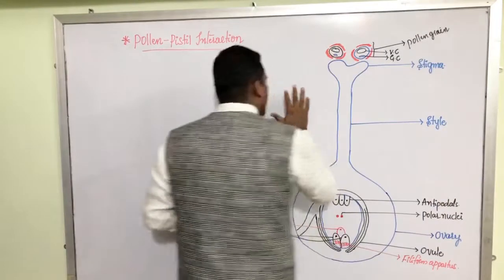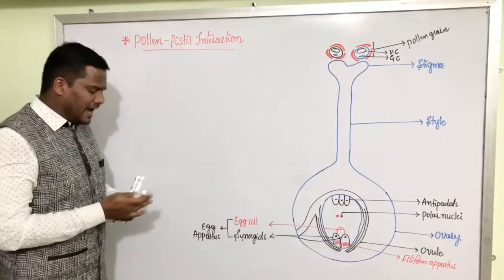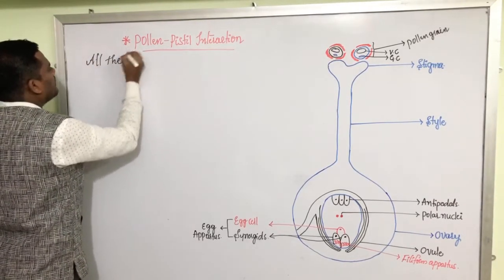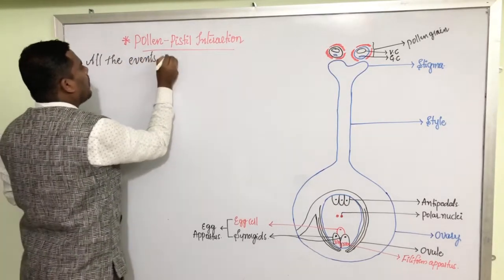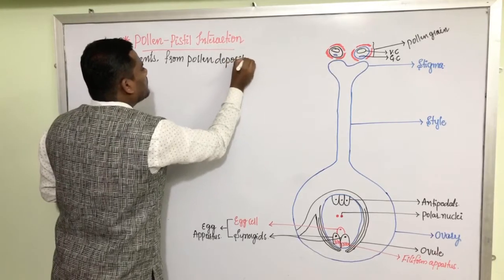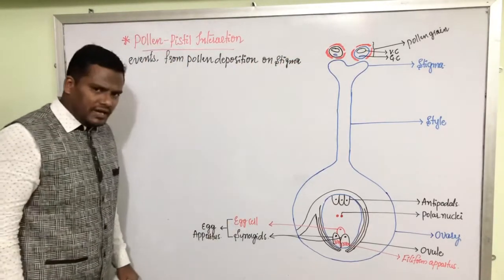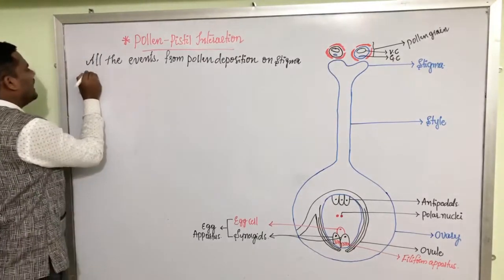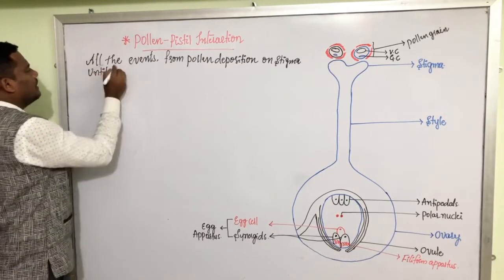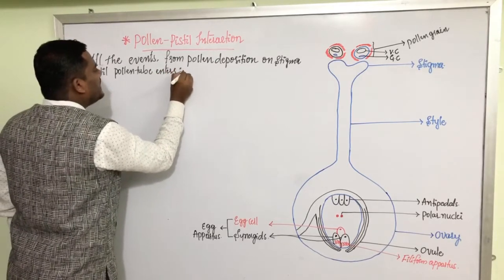Let us understand in detail with the help of this diagram, my dear friends. Scientists have defined the pollen-pistil interaction as all the events from pollen deposition on stigma until the pollen tube enters into the ovule.